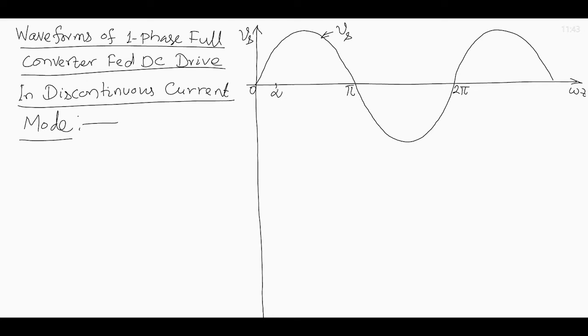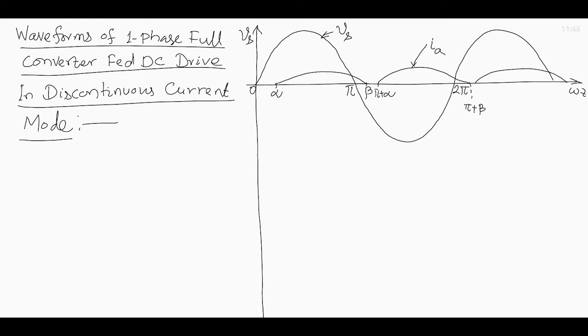It will increase with increasing voltage, and again after some time when voltage decreases, it will again decrease. Finally it will come to 0 at beta, because current is discontinuous. Again from pi plus alpha to pi plus beta, current is same type. This is the motor current waveform IA.